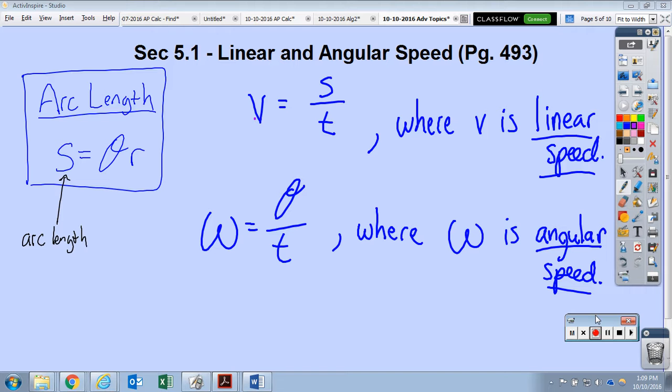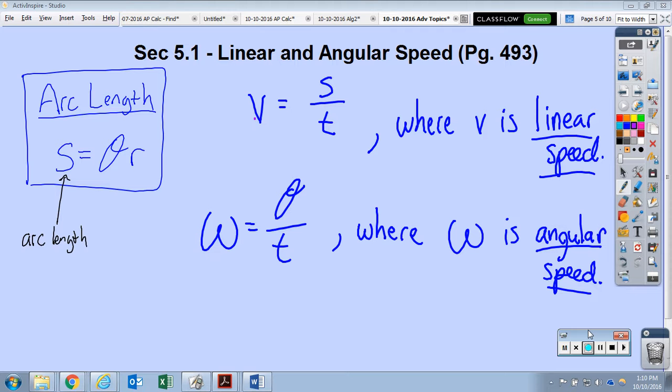So now if we're talking about angular speed, that's just how quickly the angle is increasing. This has nothing to do with distance. We're just talking about how quickly that angle is opening, which is why it's just theta divided by time.